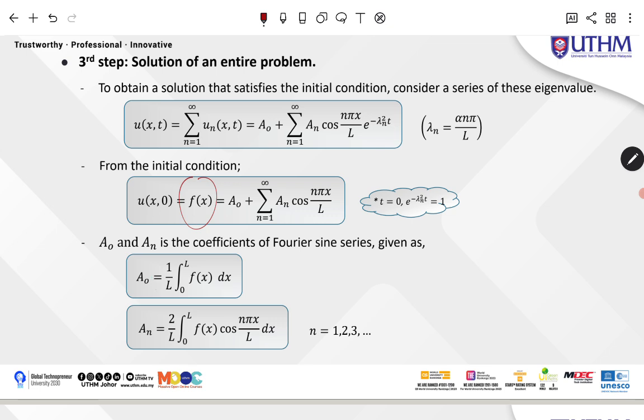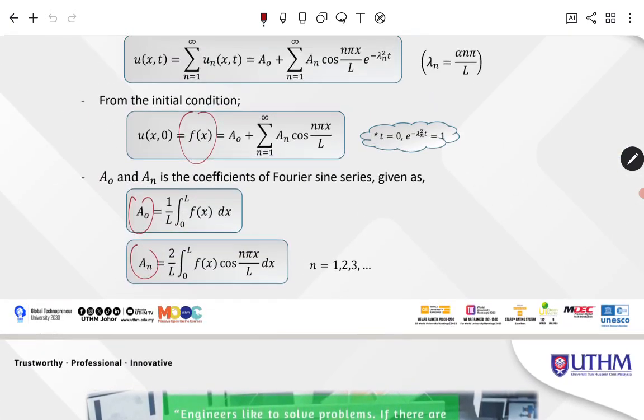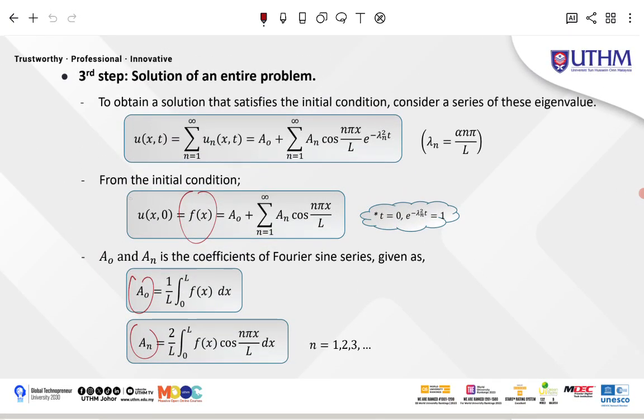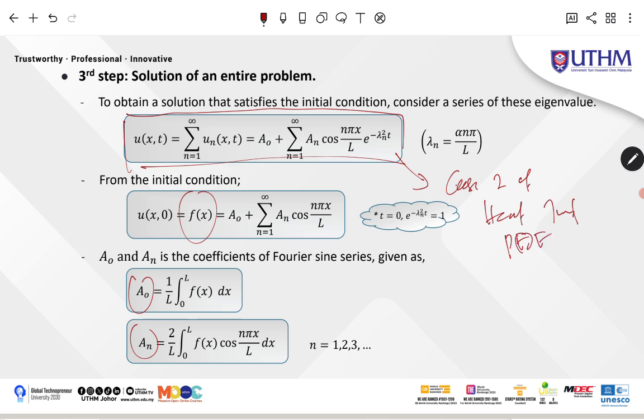We need to determine the values of a0 and an by using the Fourier series, and from here we get the real solution of case 2 of the heat transfer PDE. So that's all for case 2 of the heat transfer problem using the partial differential equation.